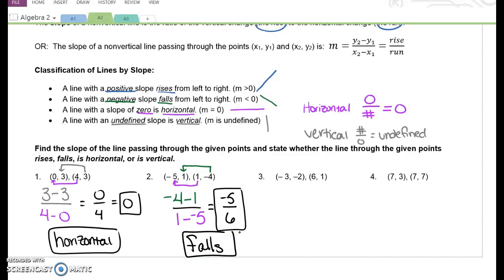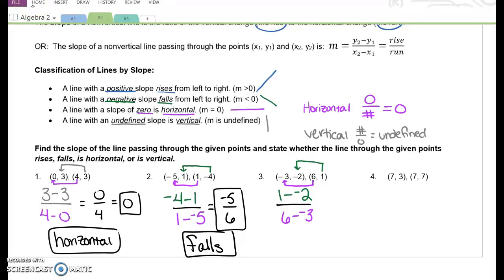Okay, I really like number 3 because all of the numbers are different. So hopefully number 3 will clear up any confusion that you may have about slope. We have to subtract the y values on top. So 1 minus a negative 2. We have to subtract our x values on the bottom. 6 minus a negative 3.